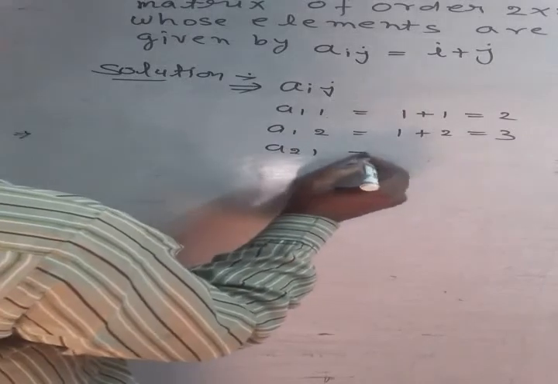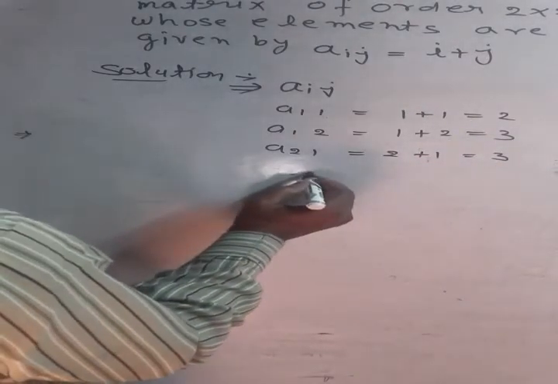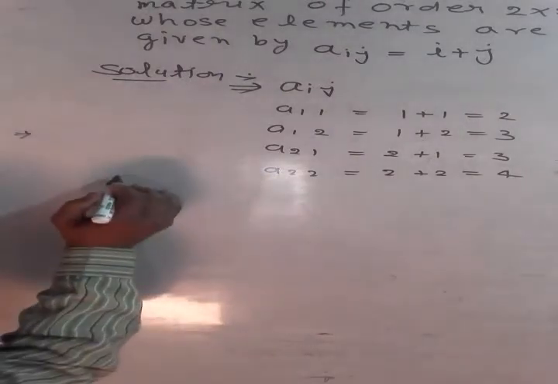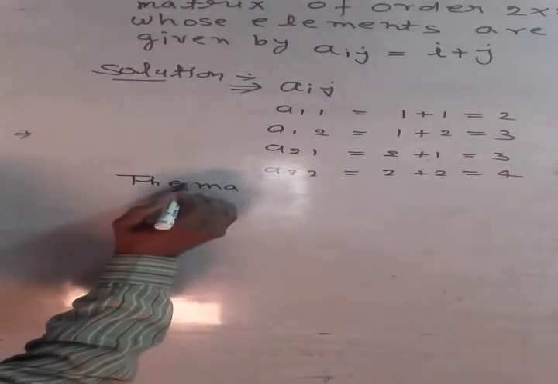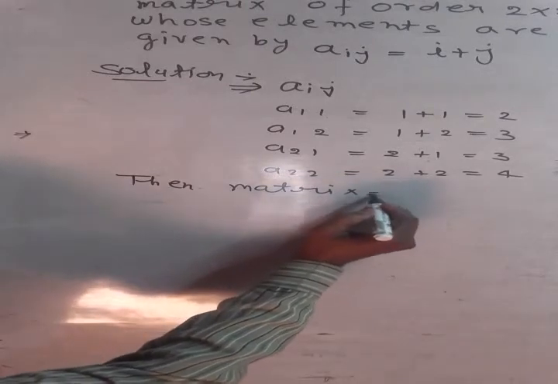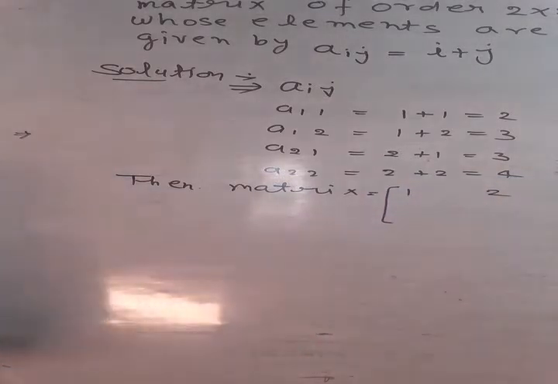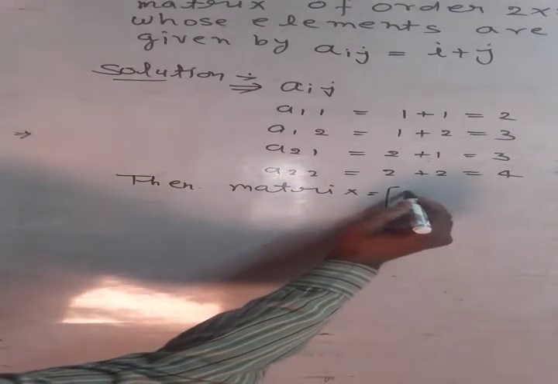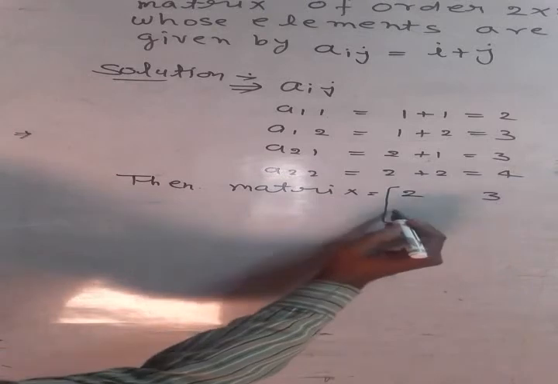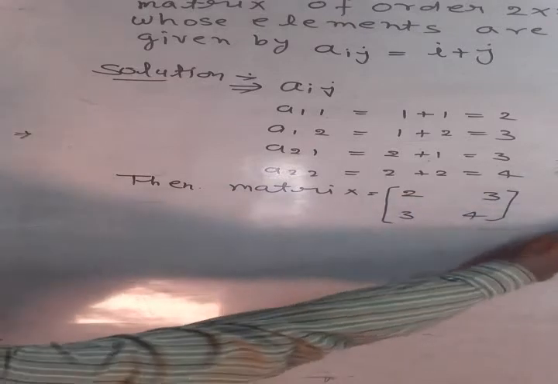A21 equal to 2 plus 1 equal to 3. A22 equal to 2 plus 2 equal to 4. Then the matrix is 2 3, 3 4. Answer.